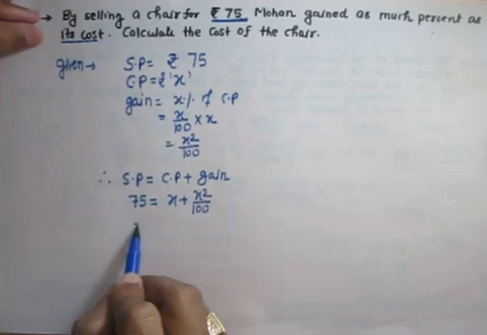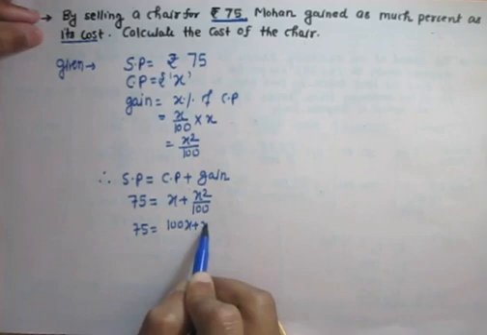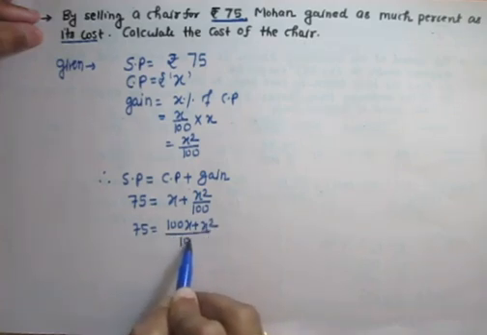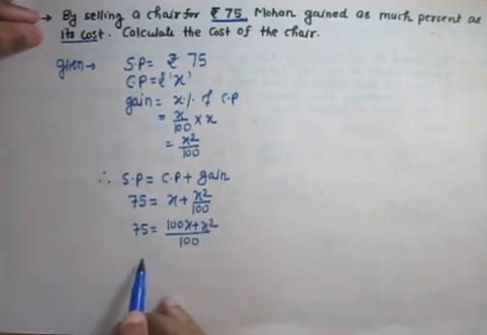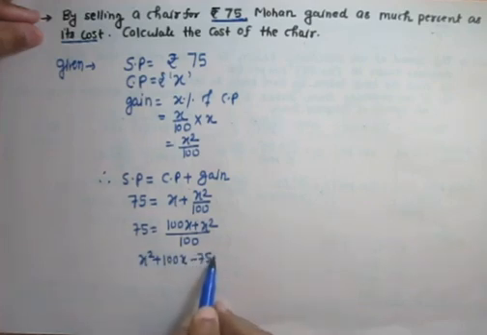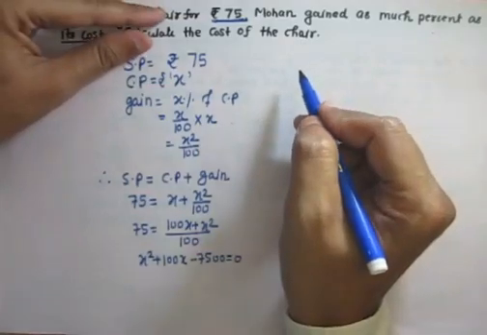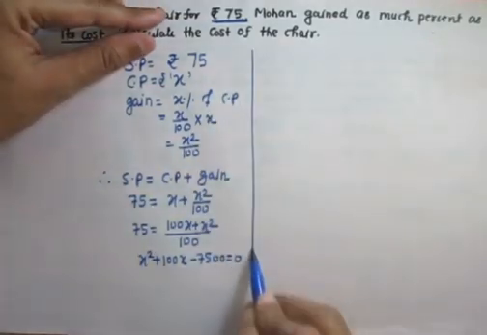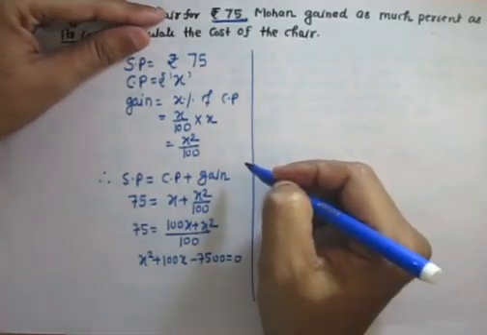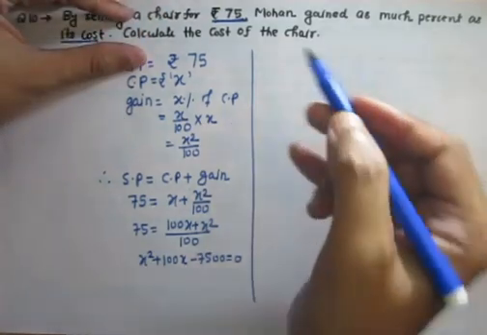So solve it. It is 75 is equal to (100x plus x square) by 100. So we are getting the equation x square plus 100x minus 7500 is equal to 0. So we are getting this quadratic equation. Now we have to solve this quadratic equation. After this you can solve the equation by any method as you wish.